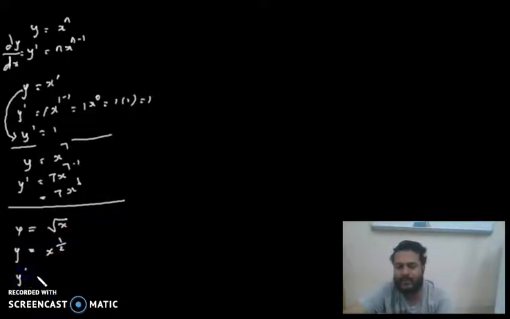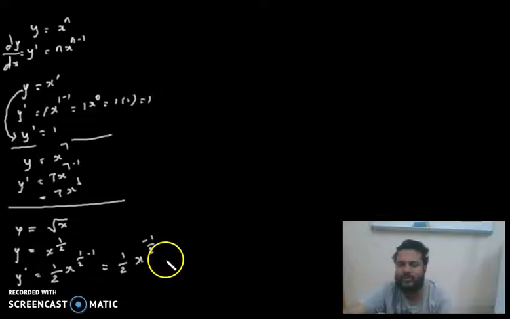So y' is equal, use the same rule, 1/2 x^(1/2 - 1). So it is 1/2 x^(1/2 - 1), that is x^(-1/2). Use your laws of radicals you have studied in your pure math. 1 divided by x^(1/2), your power becomes positive.